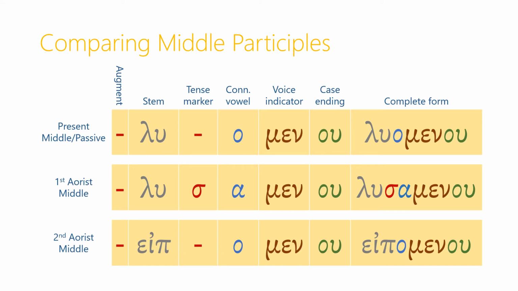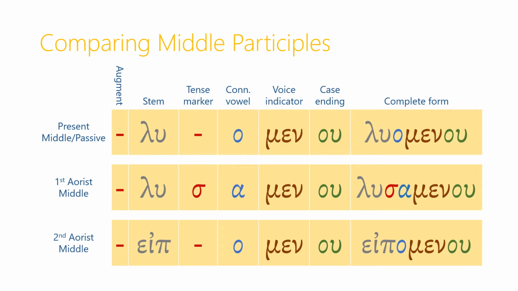Again, let's compare our components of middle participles. The second aorist middle uses the second aorist stem, no augment again, no tense marker because this is second aorist, and the omicron connecting vowel before men, and then the second or first declension noun ending.